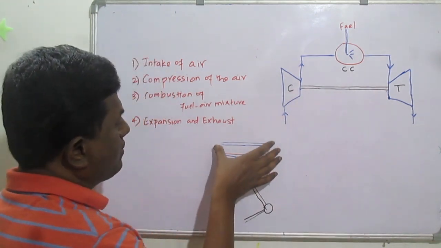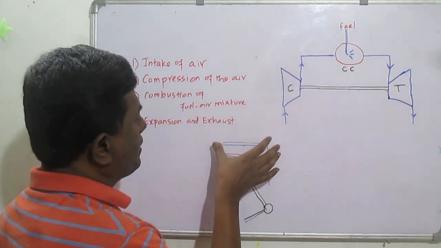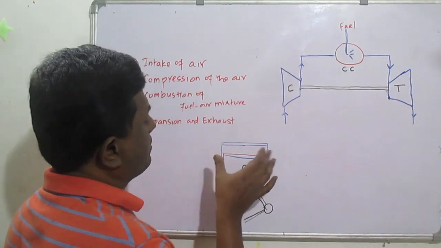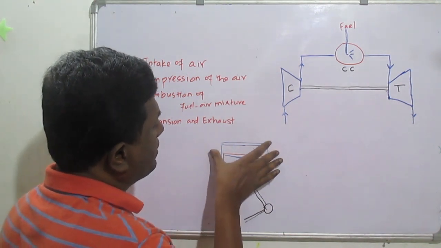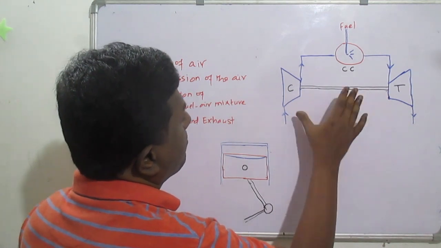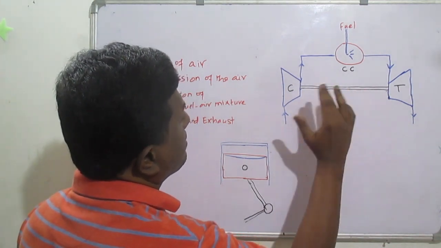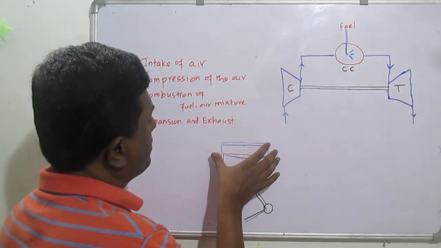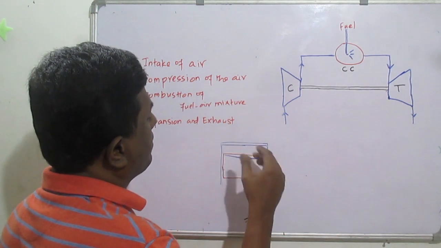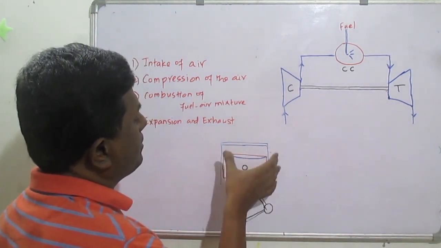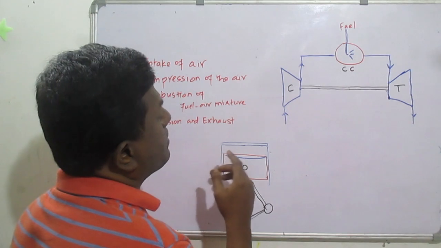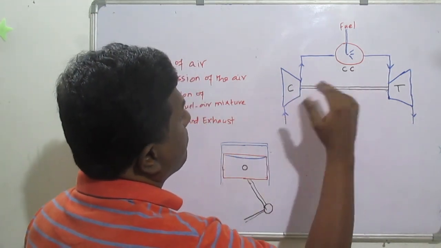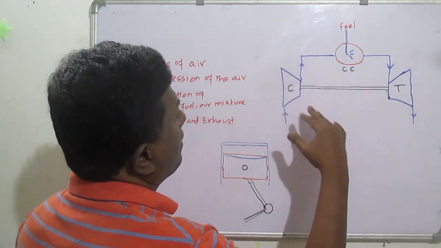So here all the processes take place at the same place, nothing but the cylinder head, whereas in the gas turbine all the processes take place at different places. Then one important thing is that the processes take place at different timings in the IC engine, whereas in the gas turbine engine the processes take place simultaneously, that means at the same time.